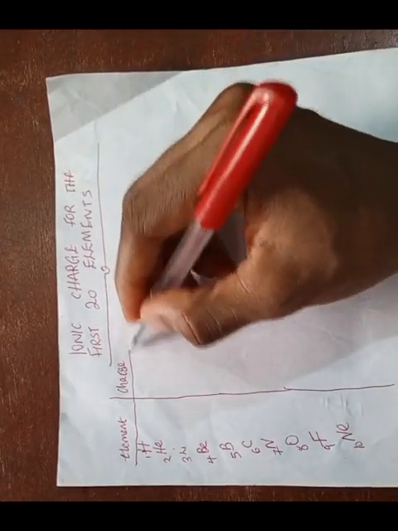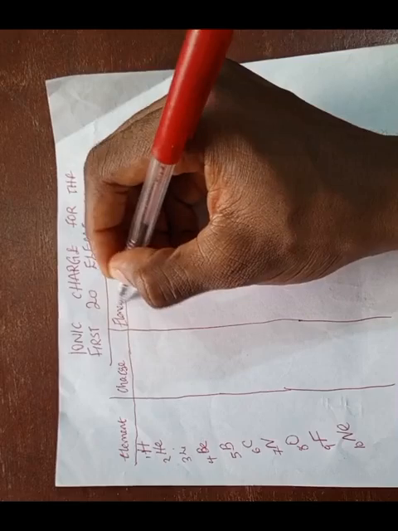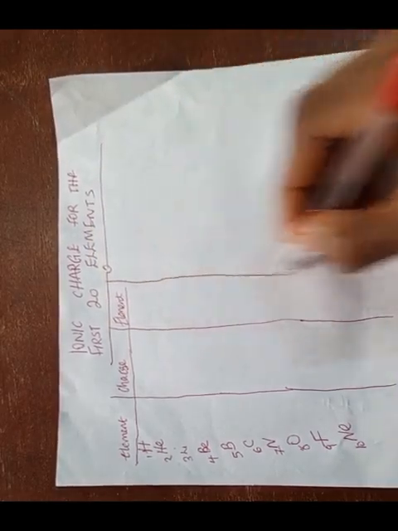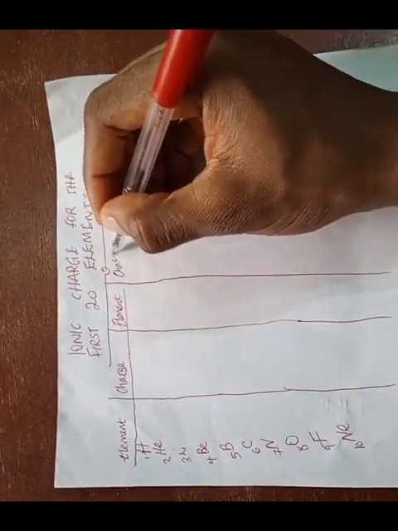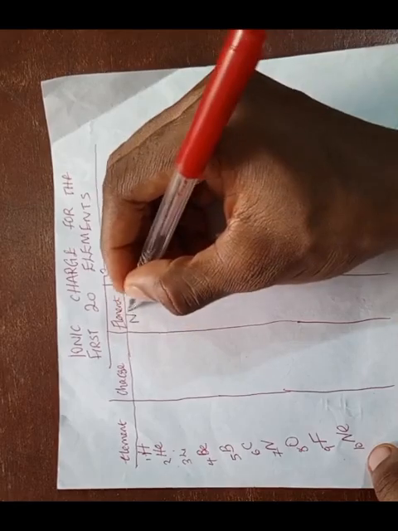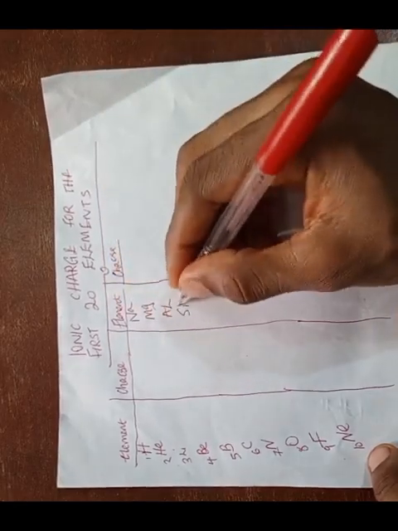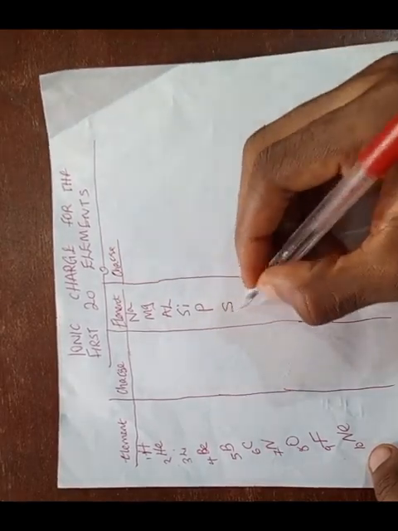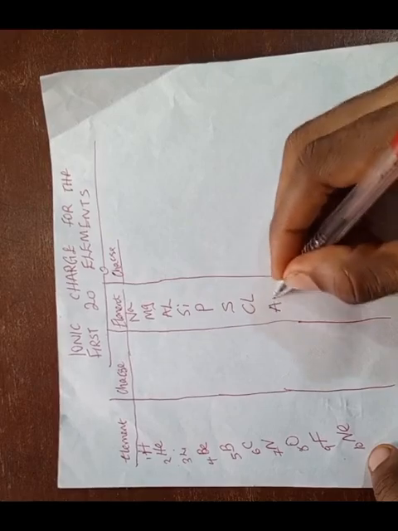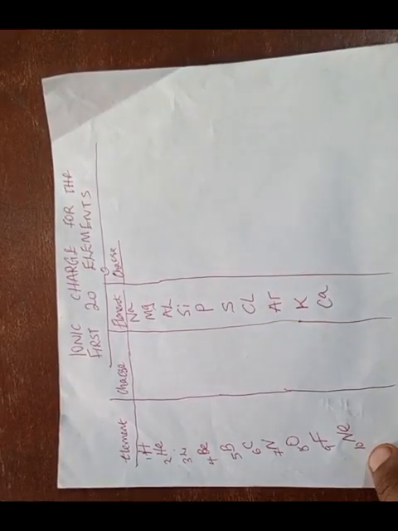I'm going to come here again: elements and charge. Neon. Then we continue with sodium, magnesium, aluminium, silicon, phosphorus, sulfur, chlorine, argon, potassium, and what? Calcium. So these are the first 20 elements.